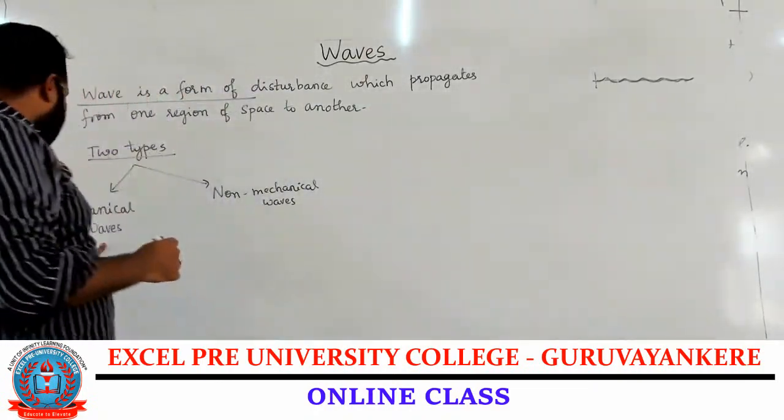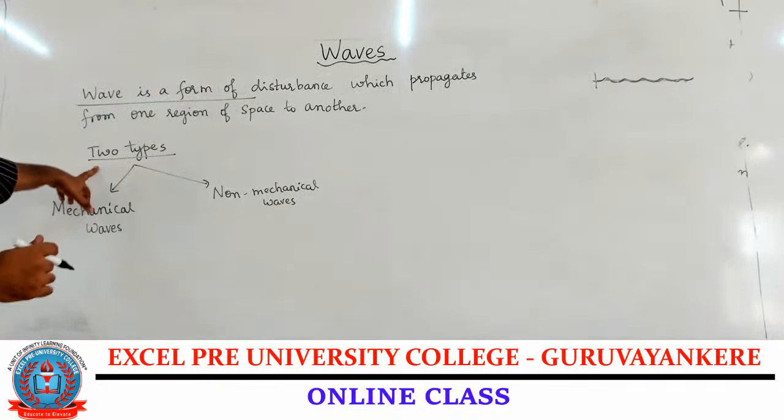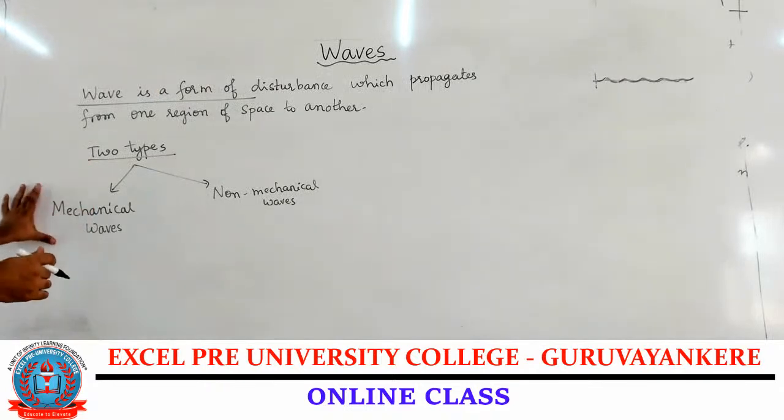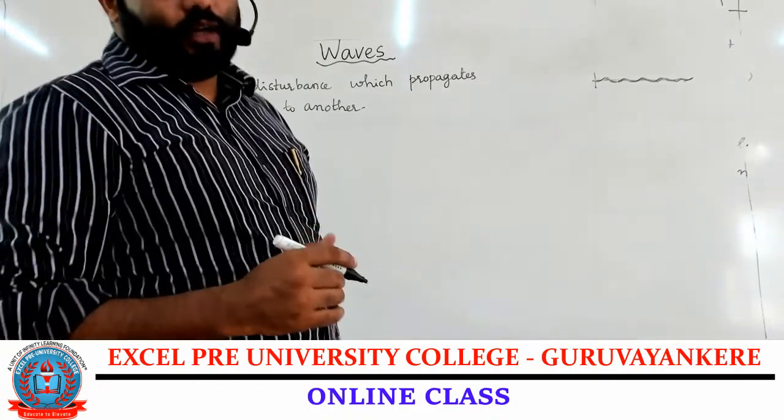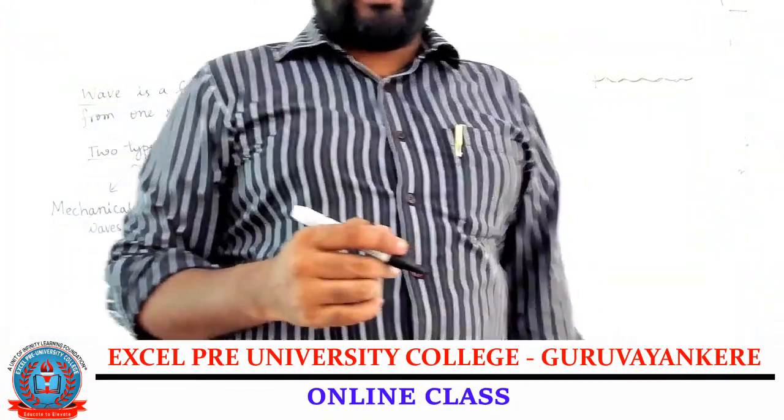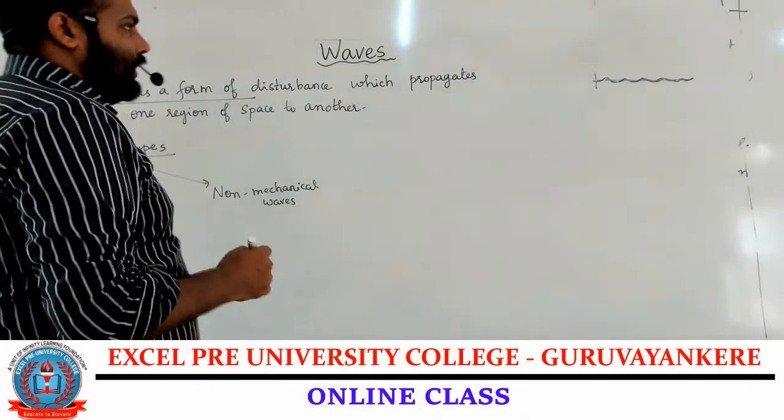The two types of waves, mainly, they are called mechanical waves and non-mechanical waves. Okay. So mechanical waves are the one which require material medium for their propagation.